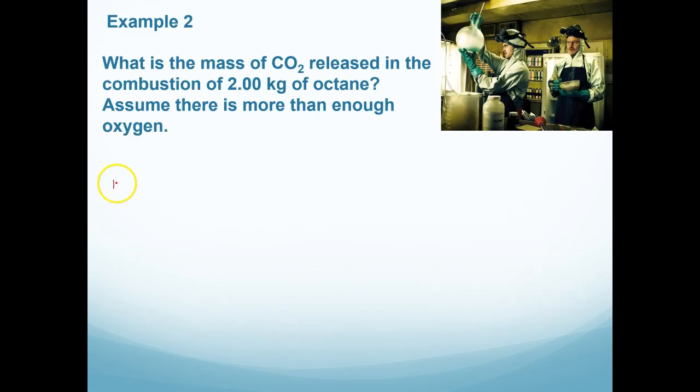In the next problem, let's organize it. We have what mass of CO2, okay, so we want grams of CO2, is released in the combustion of 2.00 kilograms of octane, and you're given this formula on the slide where we balance the equation, so this is going to be octane.